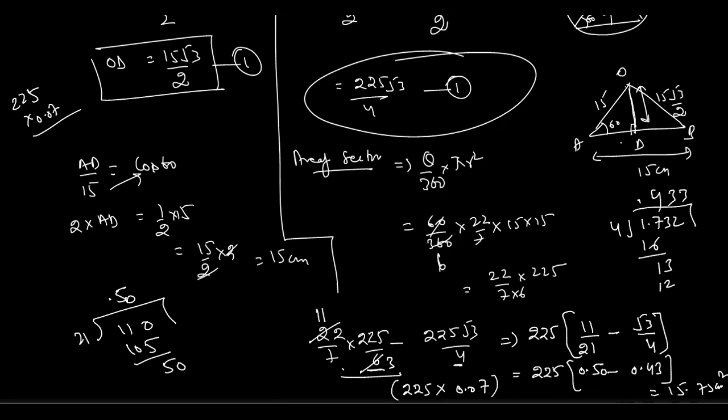So if you need to calculate the area of the whole sector, the bigger segment, what you need to do here is very simple. This is the circle, and you know the value of this one.